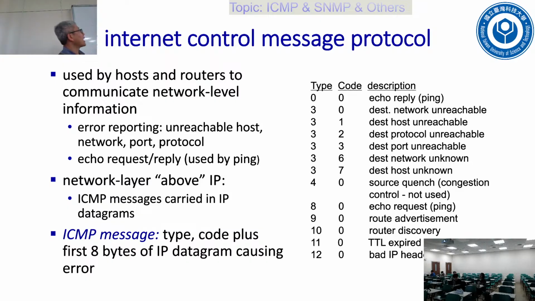Later we will use some specifically, so let me point out type 3 and code 3, destination port unreachable, and type 11 and code 0, TTL expired. Maybe the others, but later we will use some of those, so that's why I point out these two types of messages.